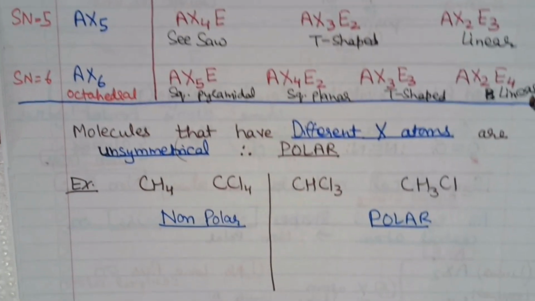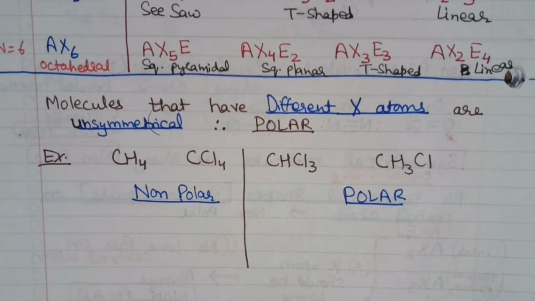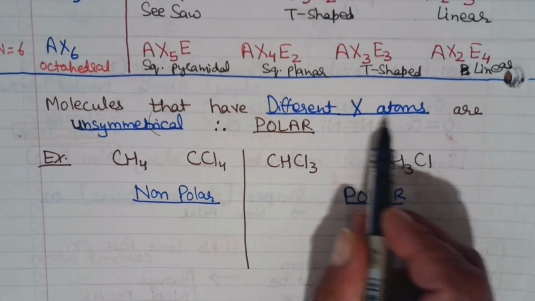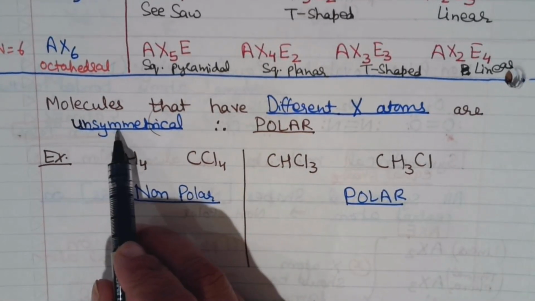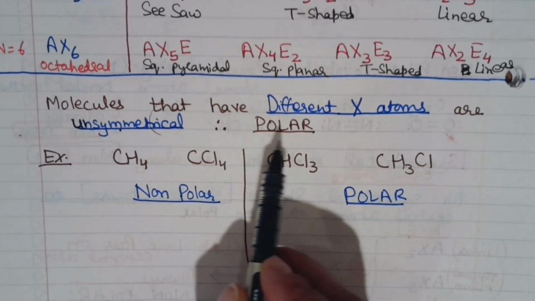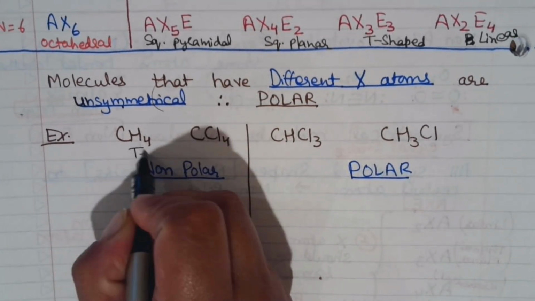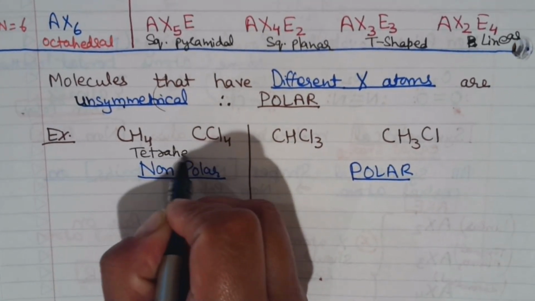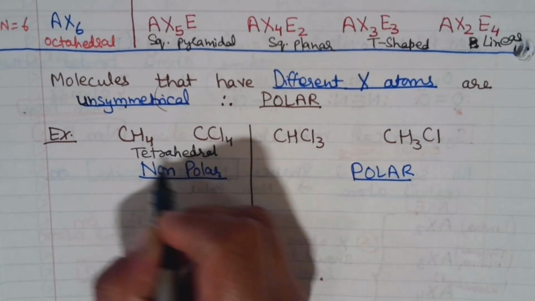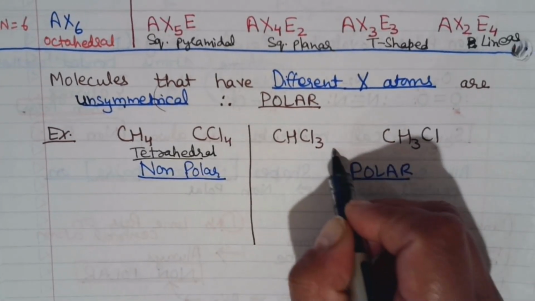Now those non-polar molecules, we already talked about the symmetry, right? Molecules that have different X atoms are unsymmetrical. They could be polar. For example, both these molecules, they have tetrahedral shape. They are both tetrahedral, right? So these are also tetrahedral.